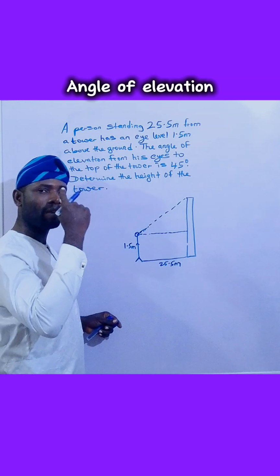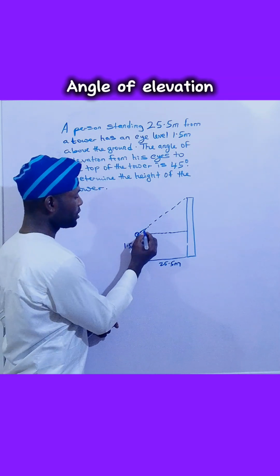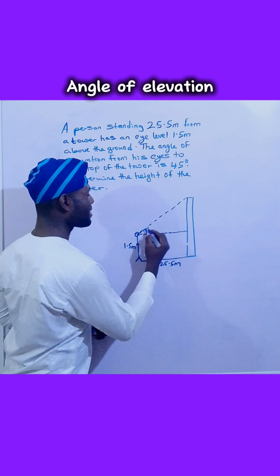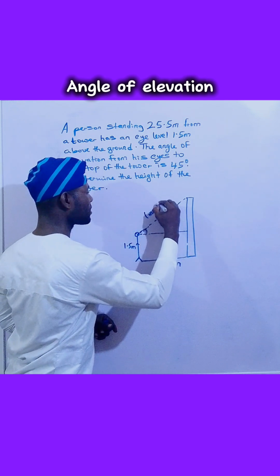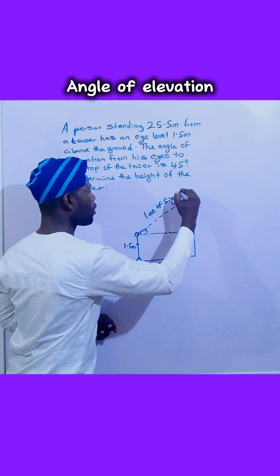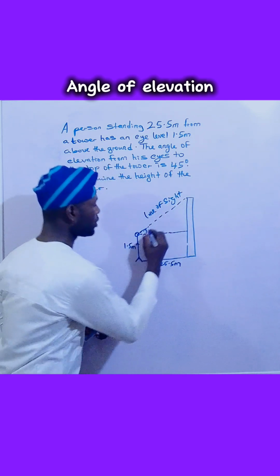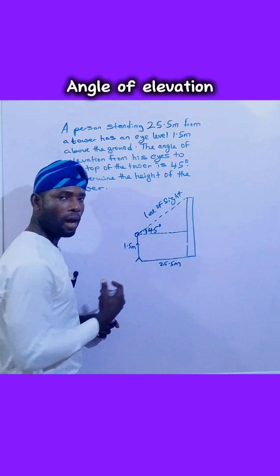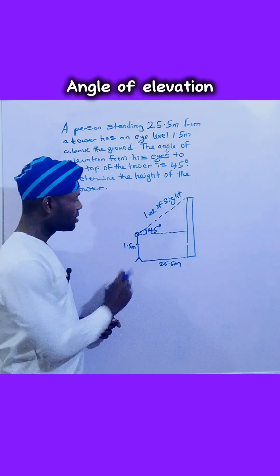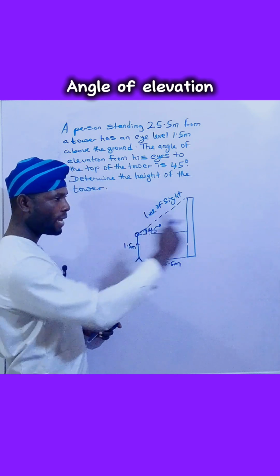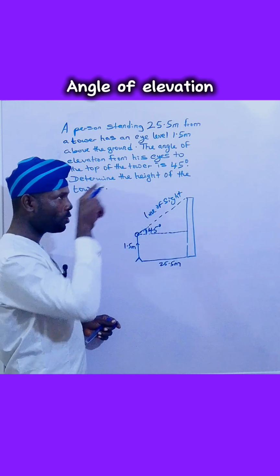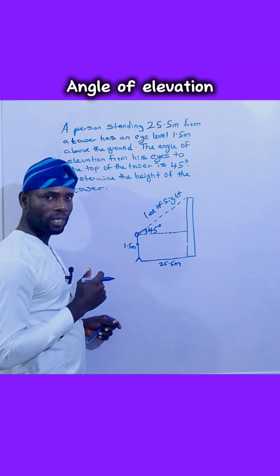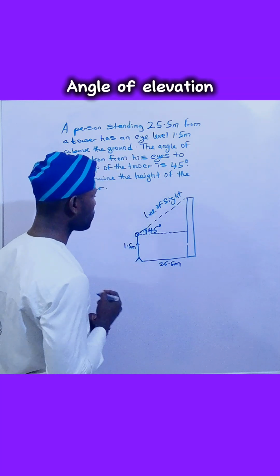It means the angular distance between the eye level and the line of sight of that person to the top of the tower is 45 degrees. This angle is the angle of elevation. Angle of elevation is the angular distance between eye level and line of sight when someone is looking at the top of an object.